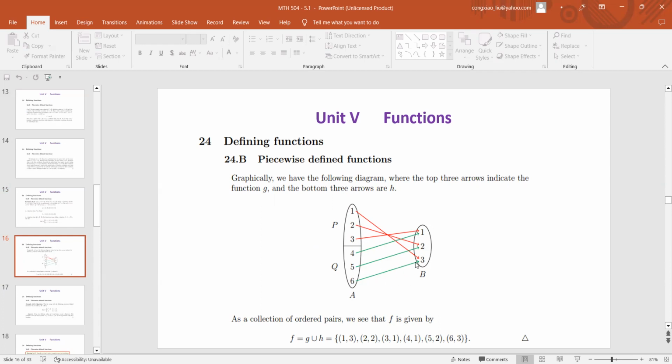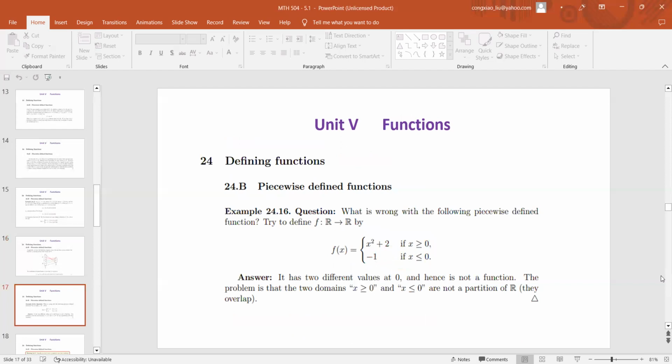So this is the diagram showing the mapping from A to B. And when we take the union of G and H, we get another function from A to B. The red arrows correspond to function G, and the green arrows correspond to the function H. So you can easily take the union of the two sets of ordered pairs, G and H, and get F. So this is the 6 ordered pairs corresponding to this diagram. Very straightforward.